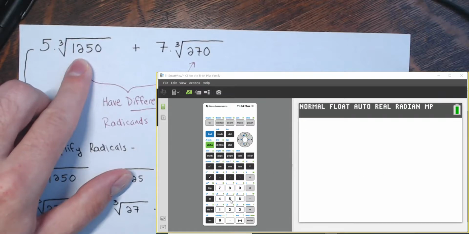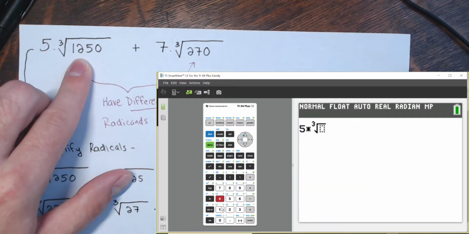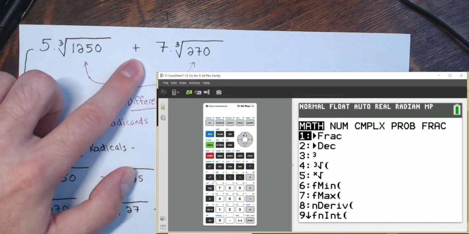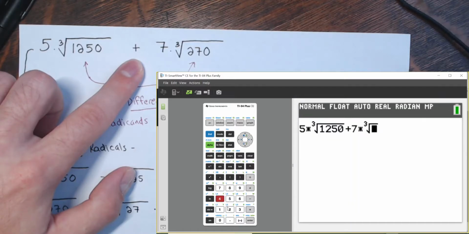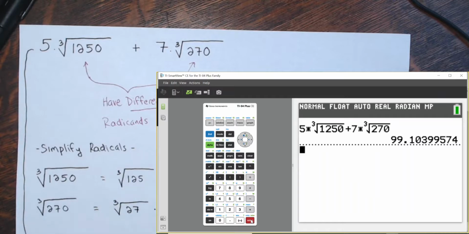We were given 5 times the cube root of 1,250 plus 7 times the cube root of 270. And we get this number here, 99.10399574, and it goes on forever.